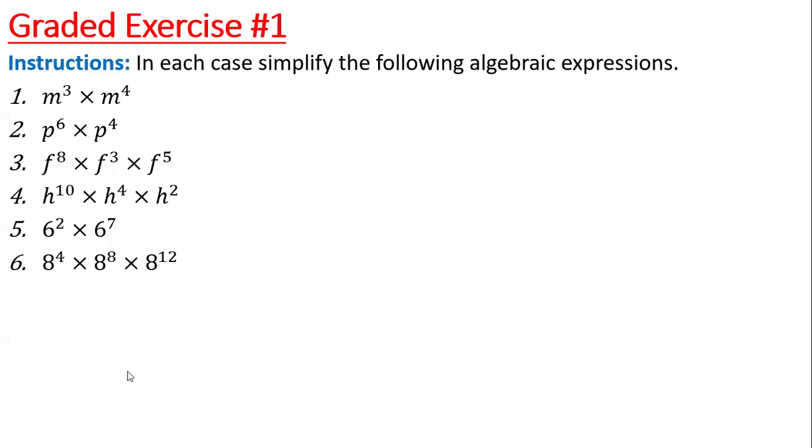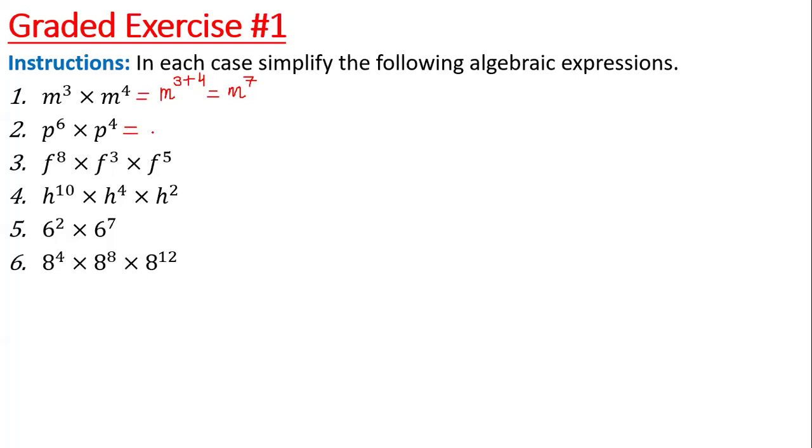Number 1. What do y'all have for number 1? M to the power 7. Oh, 7. Go ahead, Caleb. How are we going to get this? First you see if the bases are the same. Then you add 4 plus 3, which gives us what? Then you get m to the power of 7. Very good.